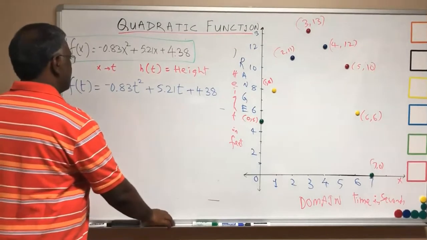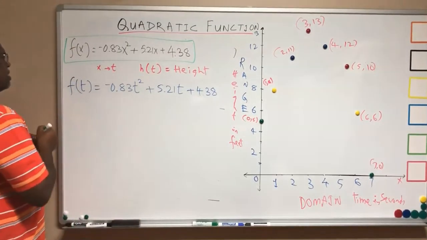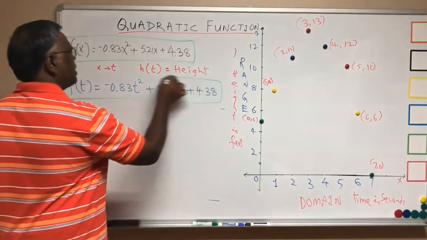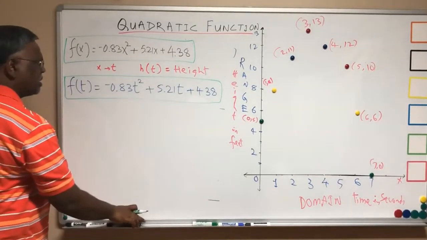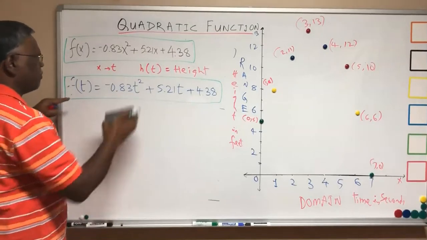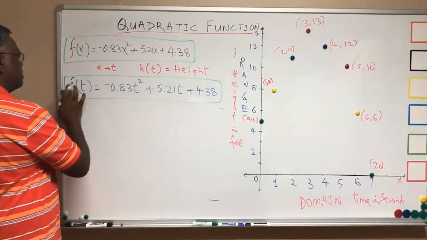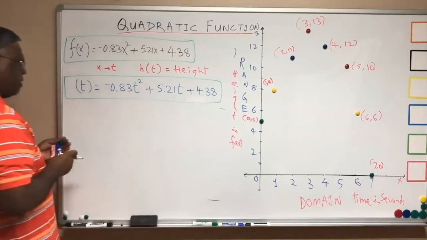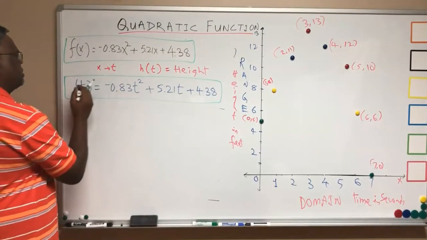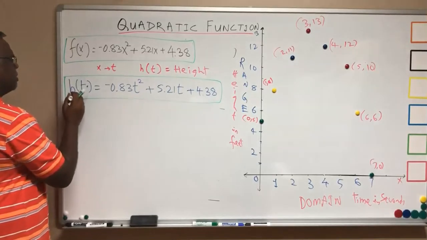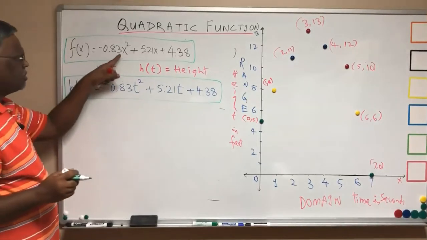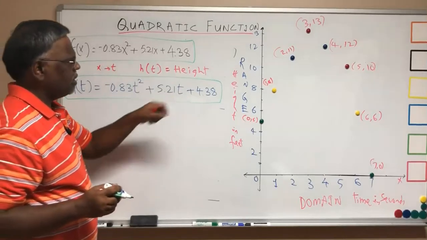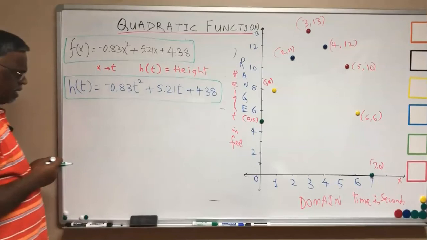Now the same function f of x, we did not change any numbers. Everything is the same. We just made it user friendly, and I made a mistake here. It should not be f of t, but h of t. Sorry, let me double check. h of t is equal to negative 0.83 t squared plus 5.21 t plus 4.38.